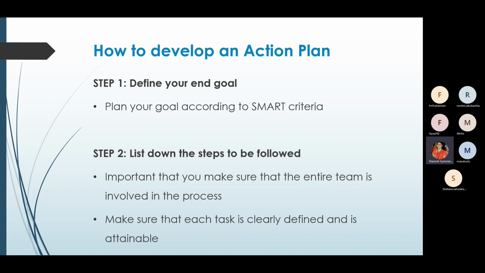So if any planned task is not achievable, what will happen? It will directly affect your end achievement or the expected outcome. So when you are planning, you need to know whether the planned task could be easily attainable or not. So this is your second step.